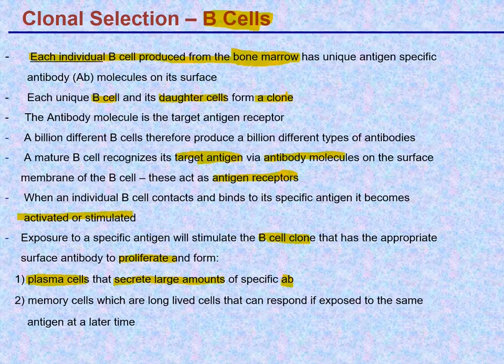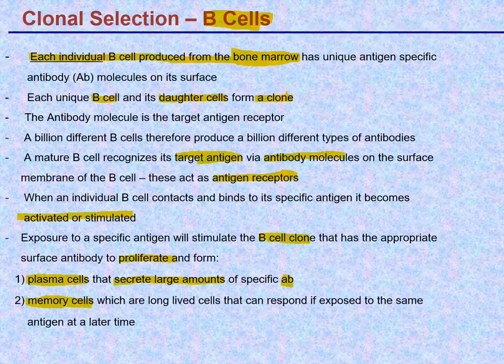And this production of memory cells is why, if you get exposed to something, you become immune. The next time you will be able to respond really quickly and strongly, and if it's an infectious disease organism, you will not get infected, because you have way more cells now. You have these memory cells sitting there, and they'll get activated and multiply, and they'll quickly kill off or destroy that foreign organism.